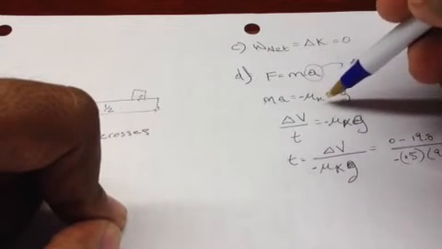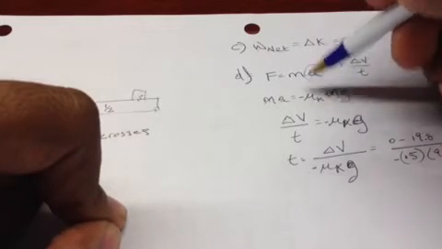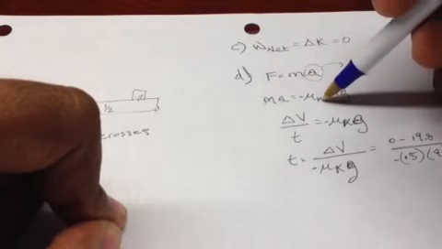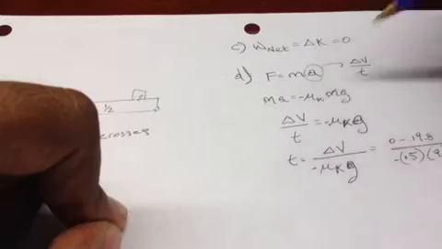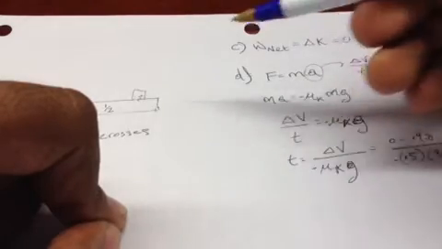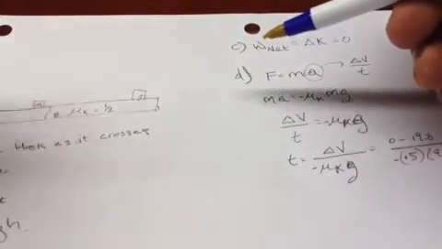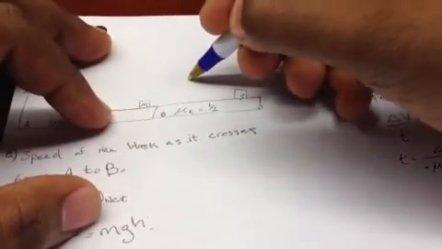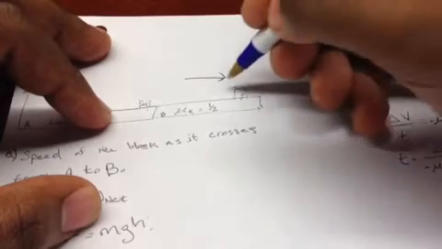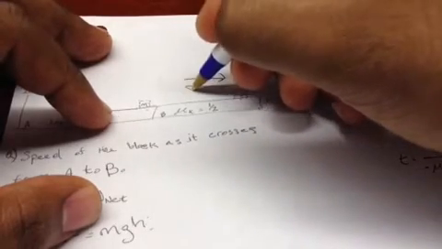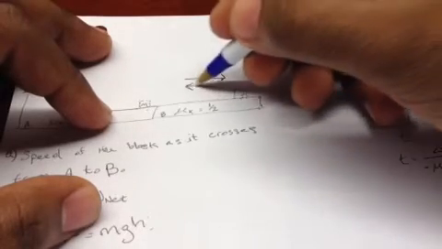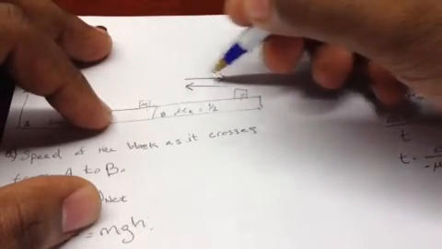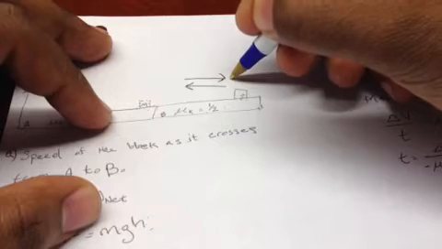Well, the force due to the coefficient of kinetic friction is acting in the opposite direction to the object's motion. That is, the object is moving in this direction, and the force is acting in this direction. The force due to kinetic friction is acting opposite the object's motion.